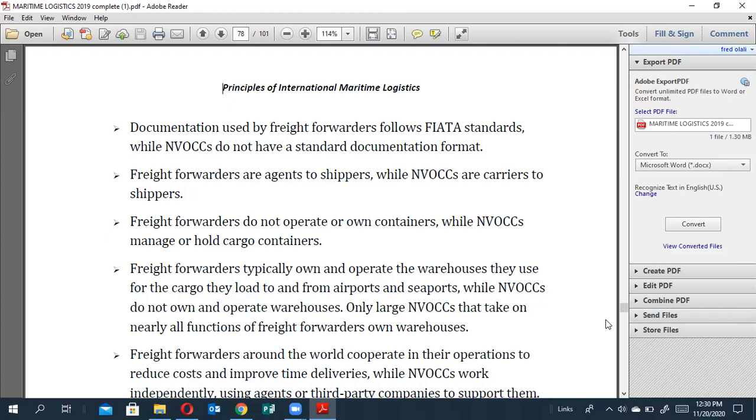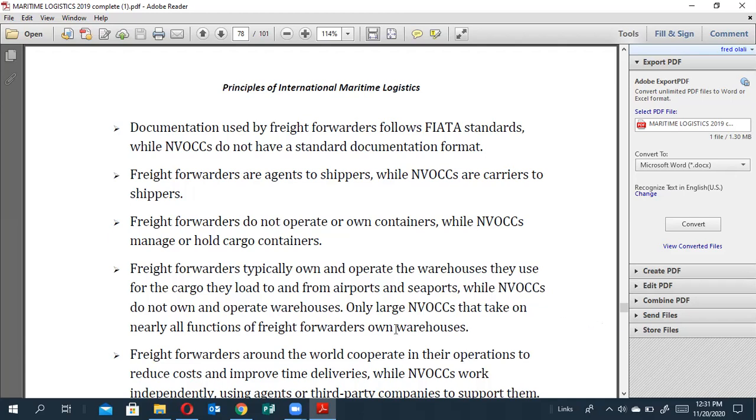Freight forwarders do not operate or own containers, while NVOCCs manage or hold cargo containers. Then another one, freight forwarders typically own and operate a warehouse, which they use for the cargo they load to and from the airport and the seaport, while NVOCCs do not own or operate a warehouse. Only larger ones that take on nearly all functions of the freight forwarders own warehouses.